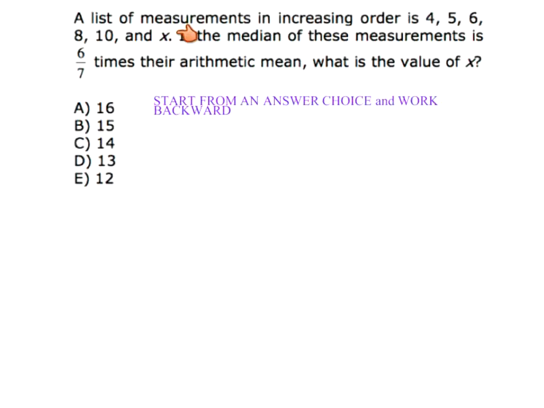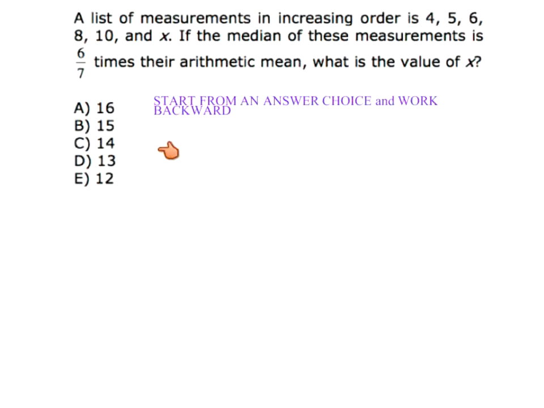It would be more interesting if it was just 5, 4, 5, 6, 8, 10, and a random x that was not in increasing order, because then the median might be different. If x could be 2, then the median of the list would be 5.5. But if x could be bigger than these numbers, then it'll be 7. But they don't let you do that. It's not as interesting because x is always the biggest number.